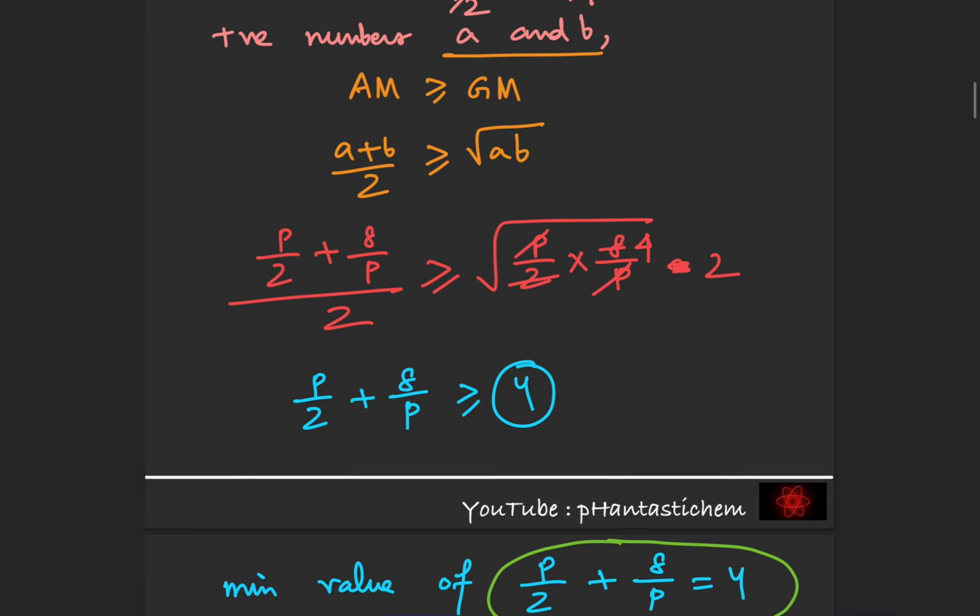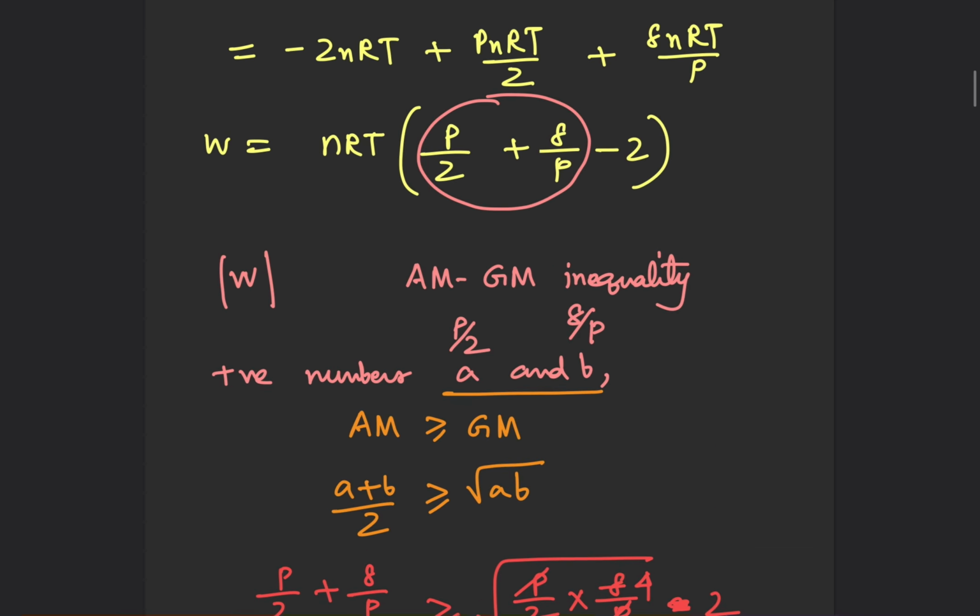Okay, so therefore the minimum value of the magnitude of work done will be equal to, so the minimum value of P by 2 plus 8 by P is 4. So therefore W will be equal to nRT into 4 minus 2. So this is 2 times nRT.